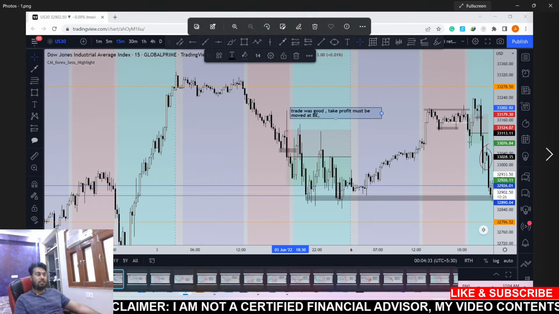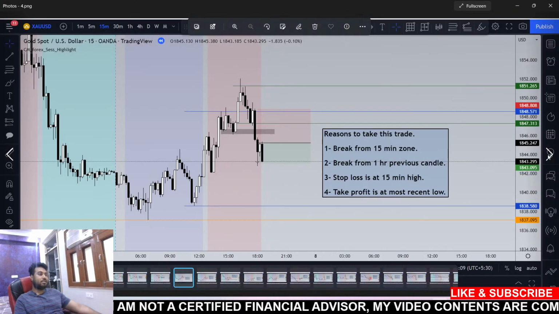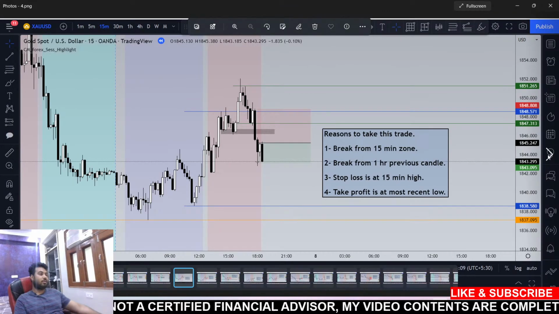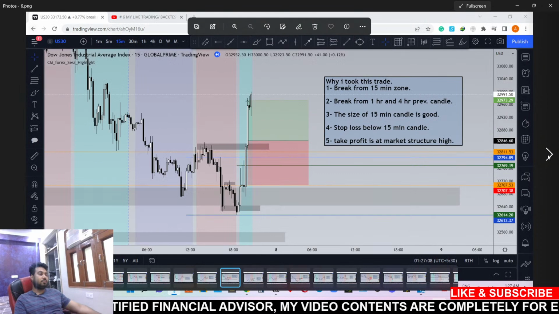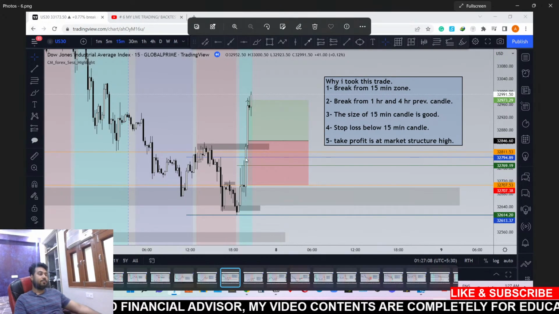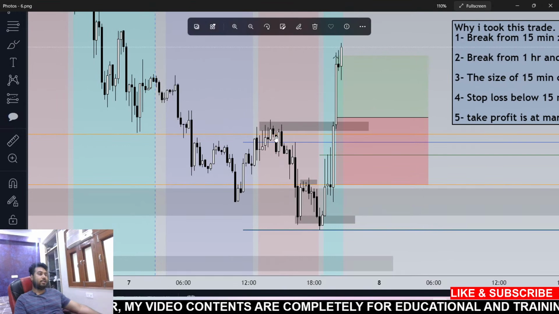But if I see my gold entries, you can see I have taken so many entries like that only. See this entry. I saw this move. It has not broken above this zone. If you look closely, you can see that it has not broken above the zone.